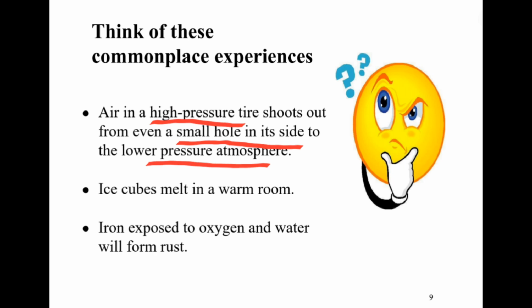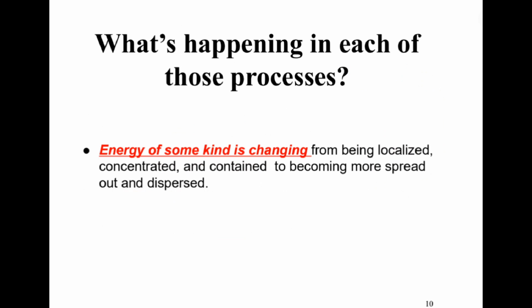Ice cubes melt in a warm room. So what happens to ice in a warm room? It melts. Iron exposed to oxygen and water will form rust. So what is happening in each of those processes?